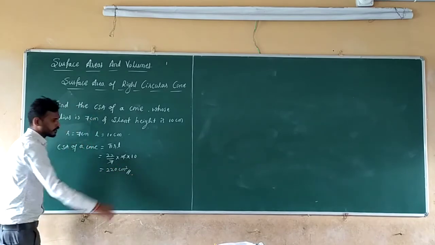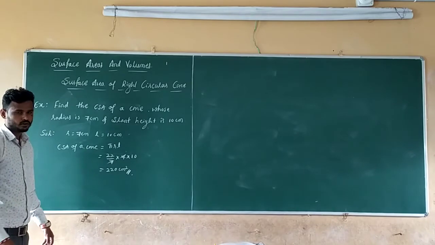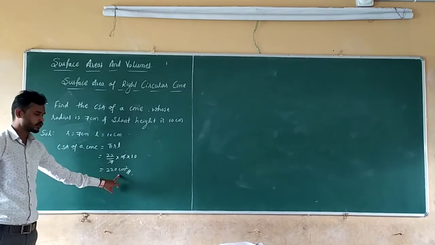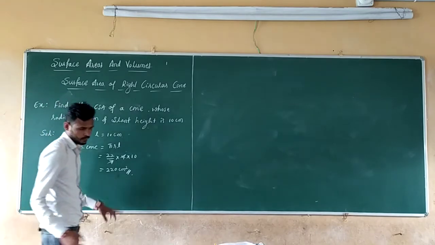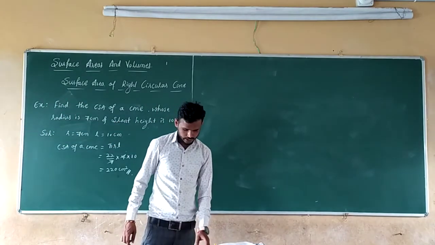So the CSA of a cone is 220 centimeters square. Let us see another example.